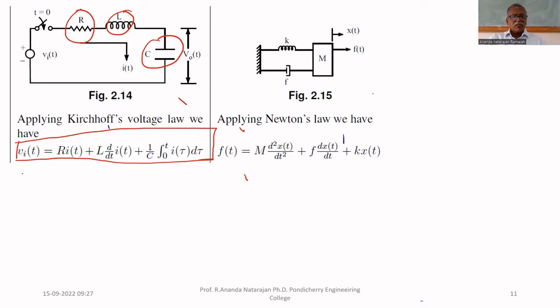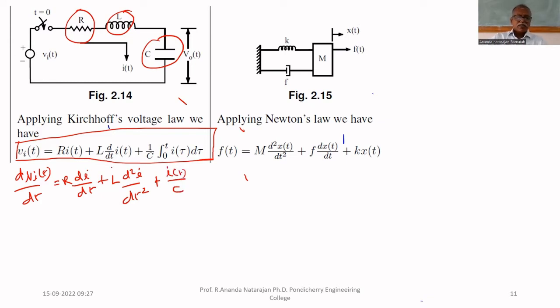If you differentiate once, dv i of t upon dt equal to R di by dt plus L d square i upon dt square plus i of t upon C. So it is a second order differential equation. So it is a second order system.